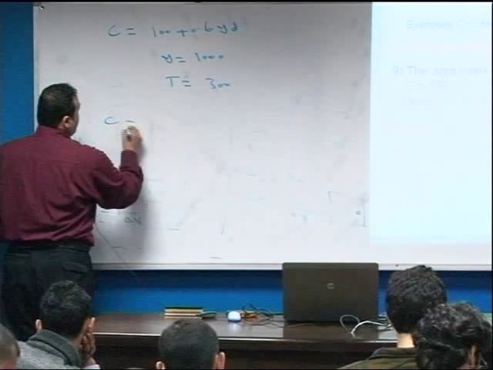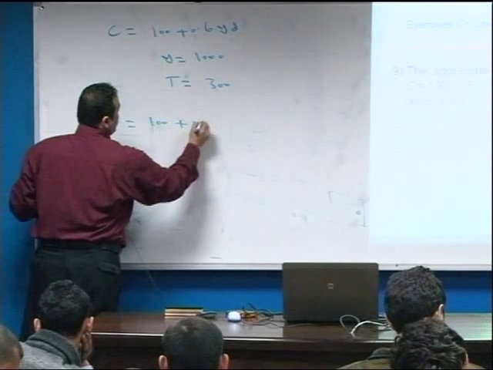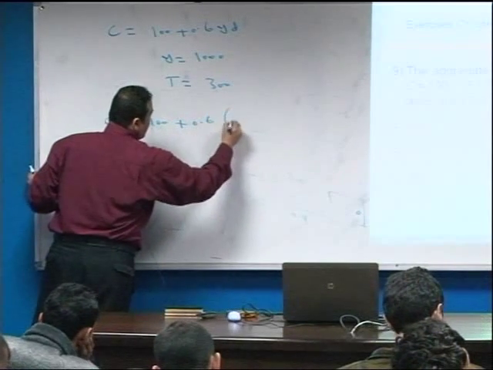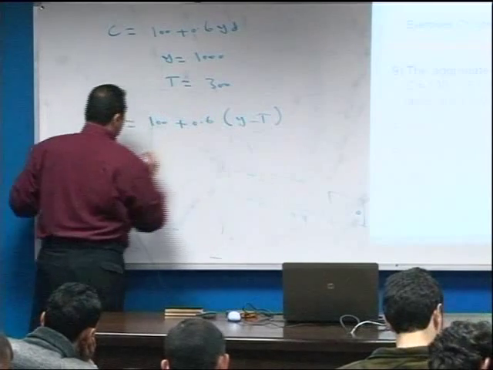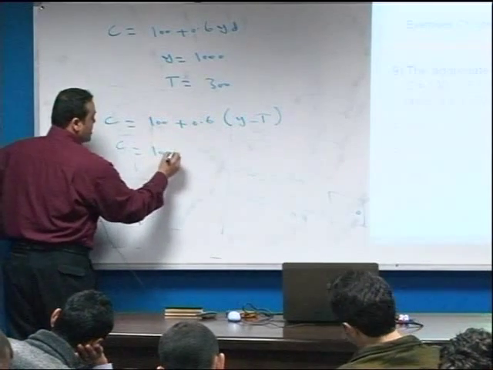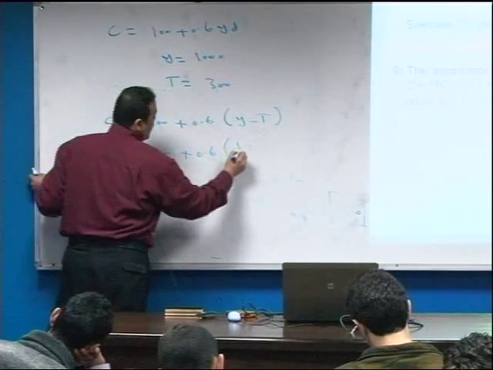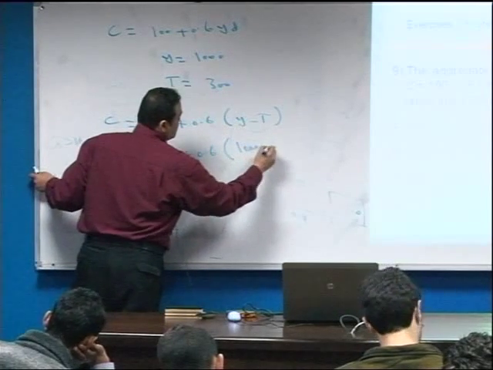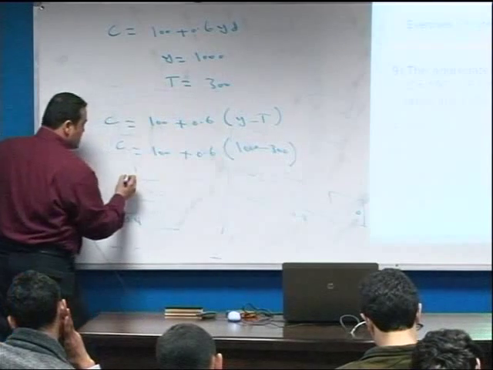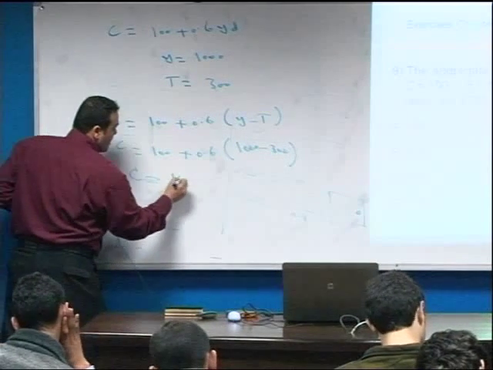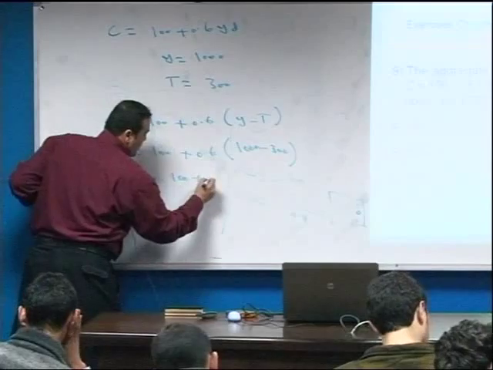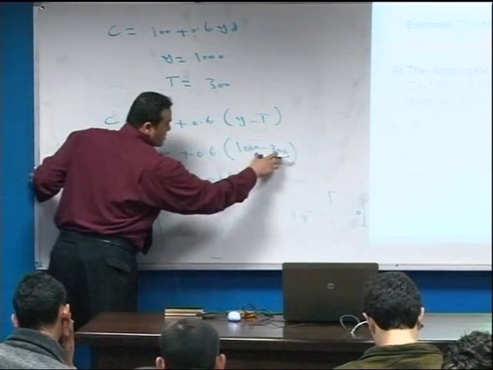Exactly. So C equals 100 plus 0.6 YD, where YD equals Y minus T. So C equals 100 plus 0.6 times 1,000 minus 300. So C equals 100 plus 0.6 times 700.